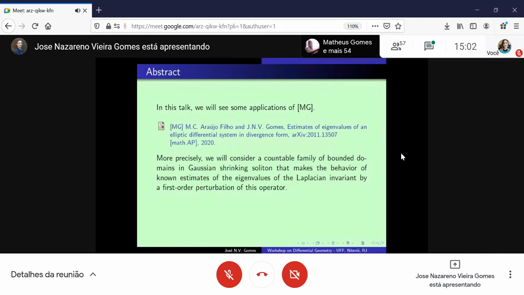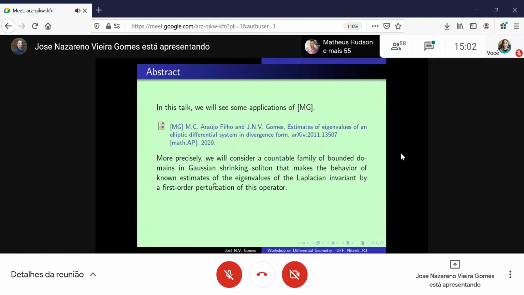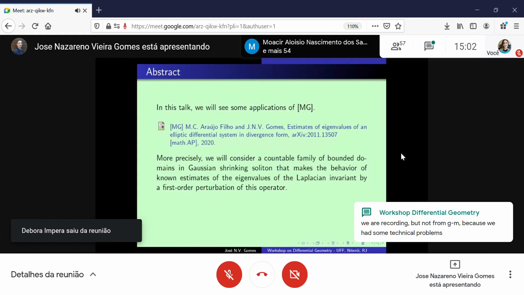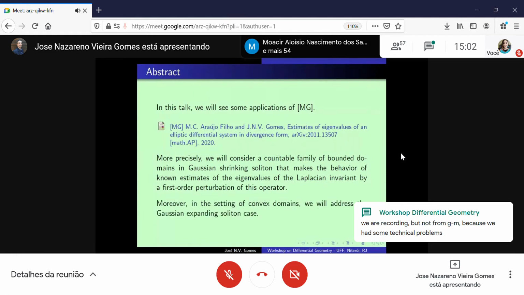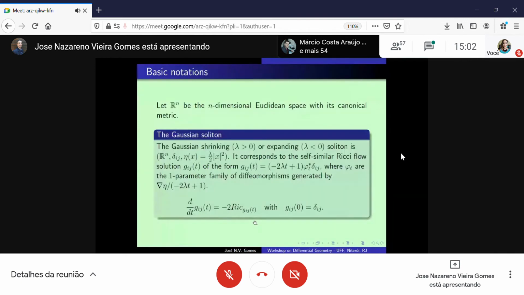More precisely, we will consider a countable family of bounded domains in Gaussian solitons that makes the behaviors of known estimates of the eigenvalues of the Laplacian invariant by first order perturbation of this operator. Moreover, in the setting of convex domains, we will address the Gaussian expanding case.